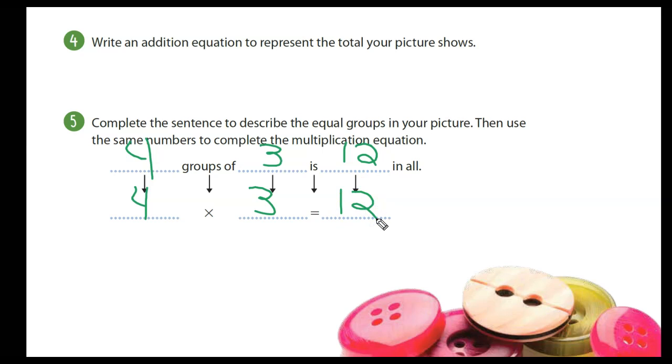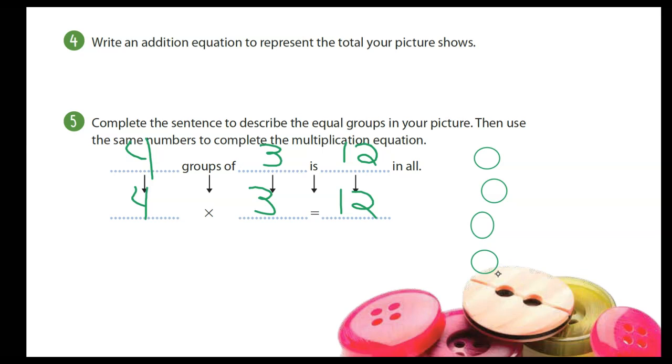If I wanted to do an array, right? I would have how many rows? 4 of them. 1, 2, 3, 4, right?